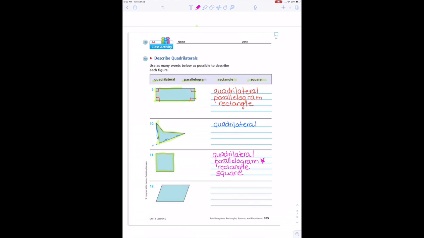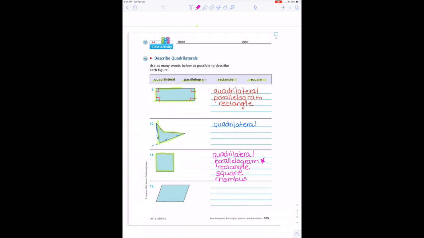So that's not one of our word bank words, but I'm going to go ahead and add that on there because it's something for us to kind of work on. So rhombus, R-H-O-M-B-U-S, rhombus, okay?